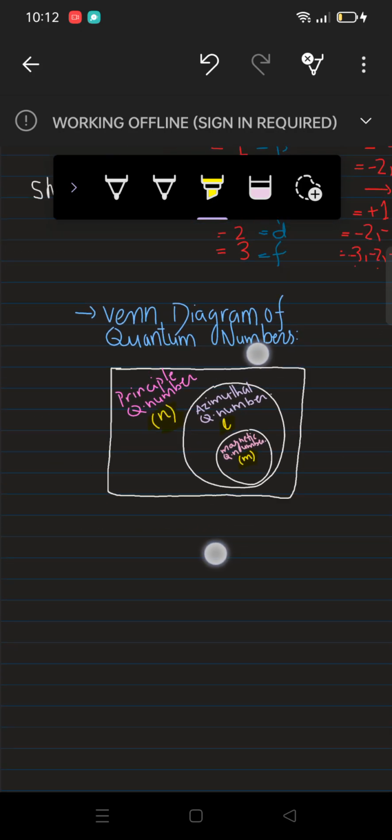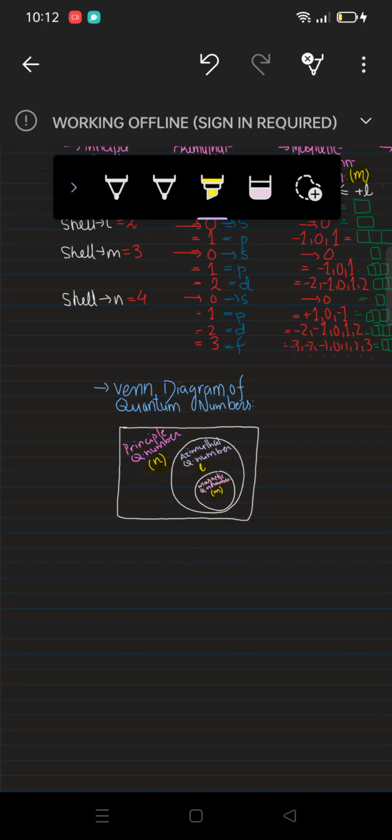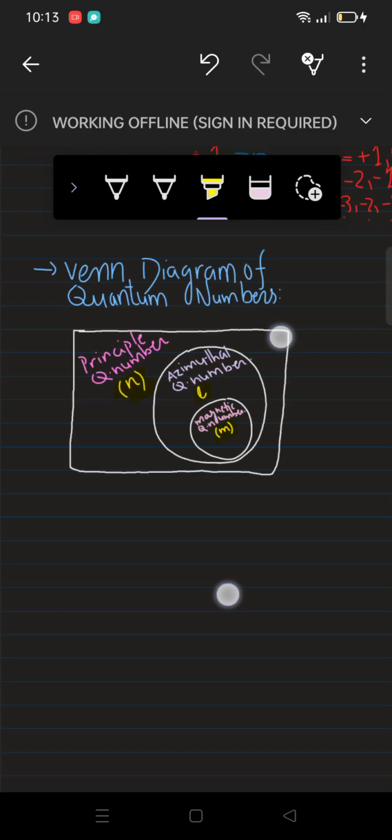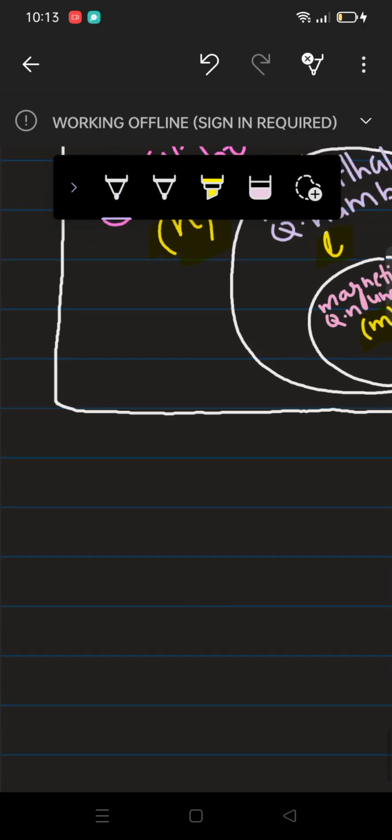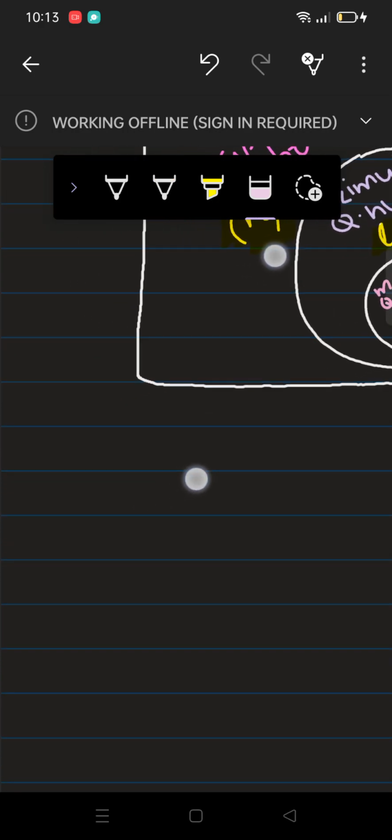Now you can see a Venn diagram here. The principal quantum number is the superset, while the azimuthal quantum number is a subset of it, and the magnetic quantum number is a subset of the azimuthal quantum number. I should write this here as well, just n, which is easier to write.